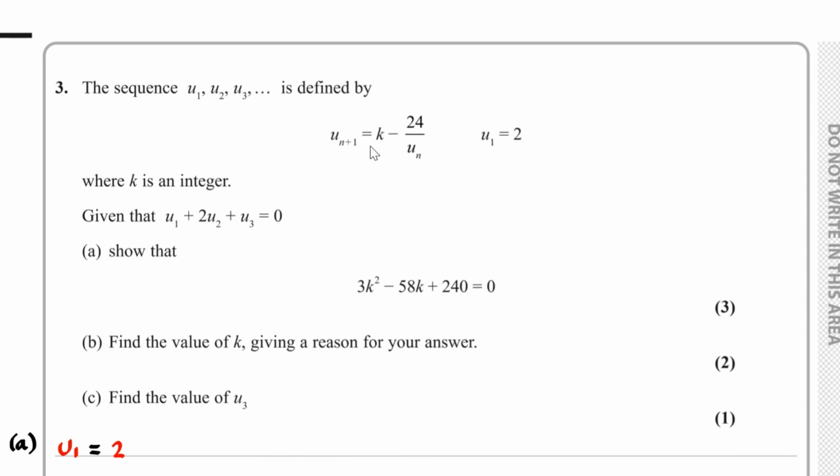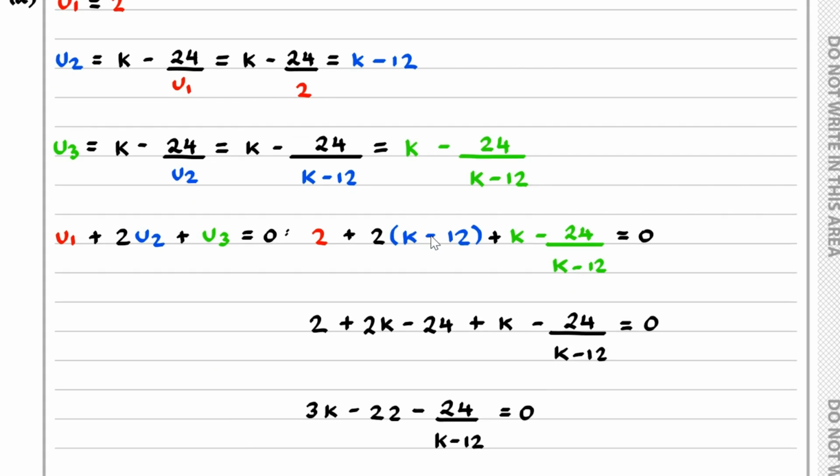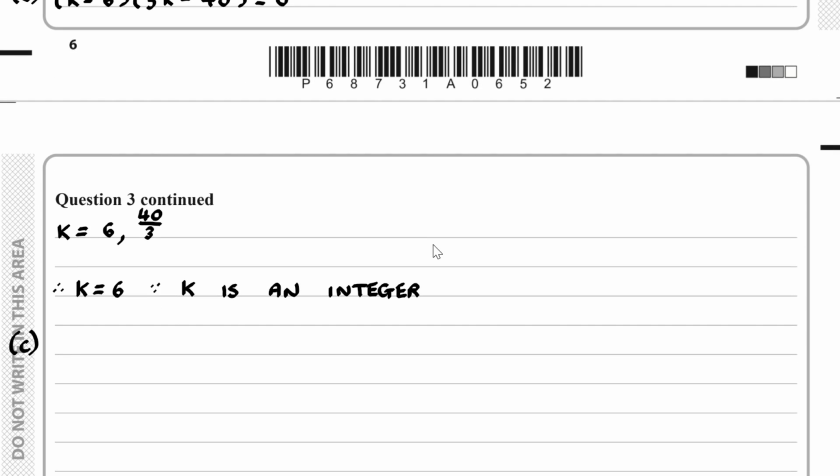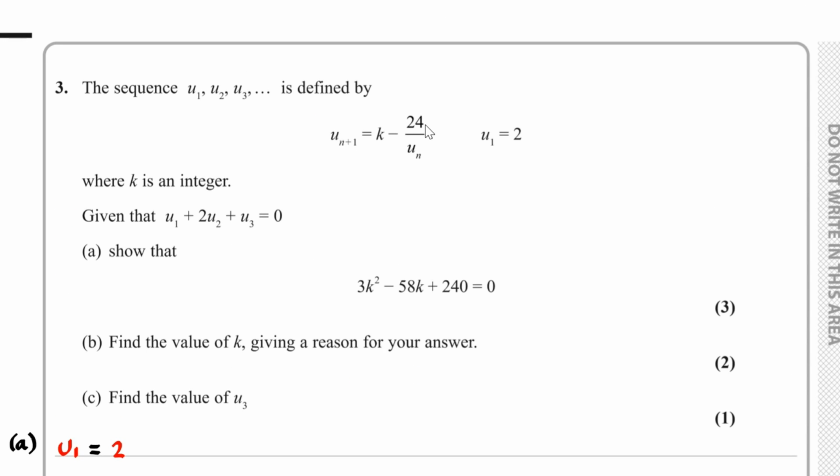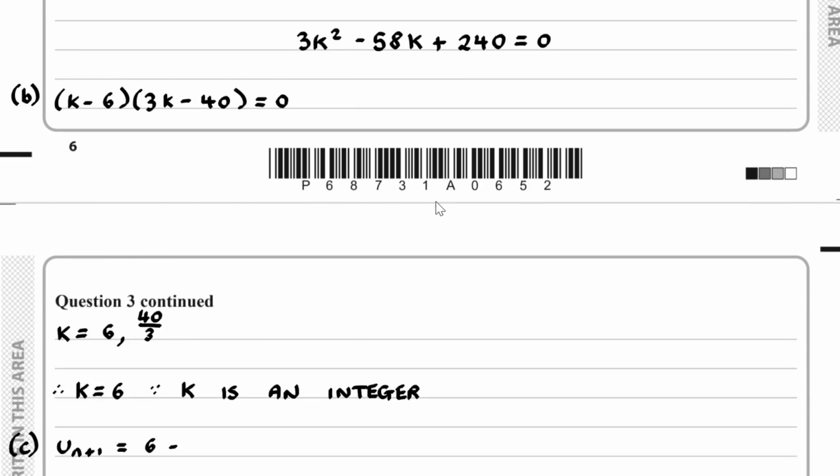Well, knowing what k is, we can therefore conclude that u n plus 1 equals 6 minus 24 over u n.